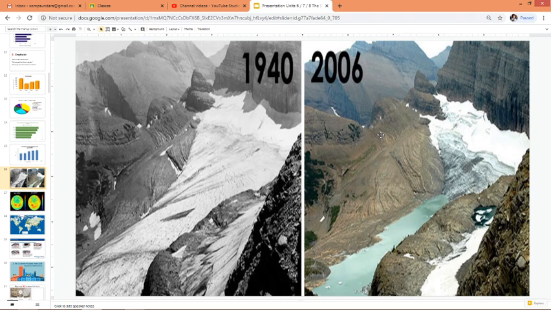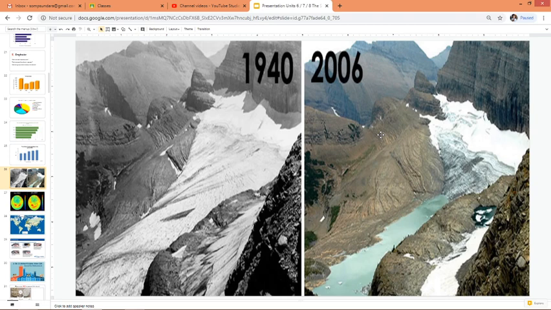And you want the audience to say, wow, okay, I understand what you mean. Photos are very effective because they can speak to the audience, right? Without you even having to say anything, the audience will understand your message.